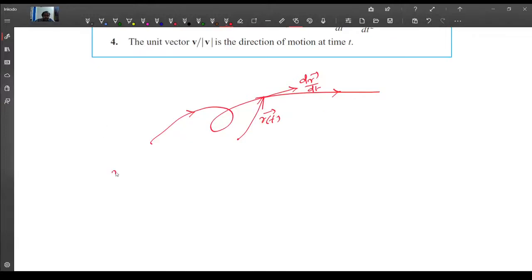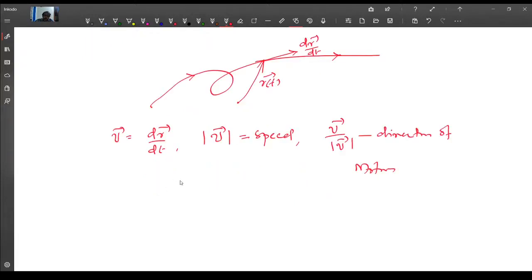So v is dr by dt, modulus of v is the speed, and direction of motion is v by modulus of v, and d square r by dt square is equal to dv by dt.